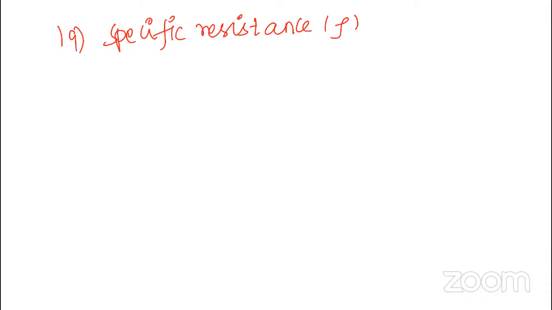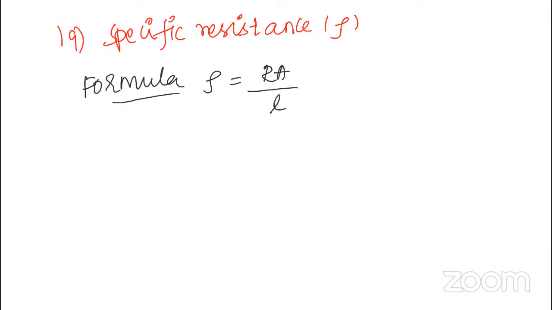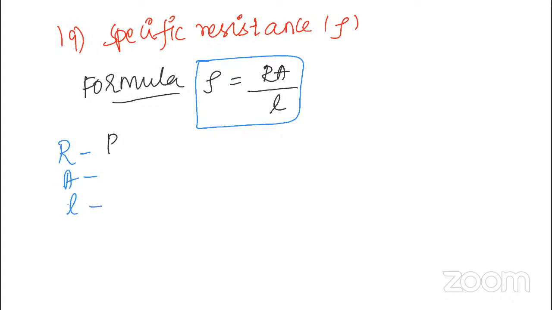Now write the formula, rho is equal to R A divided by L. Here R is the resistance, A is the area, and L is the length.